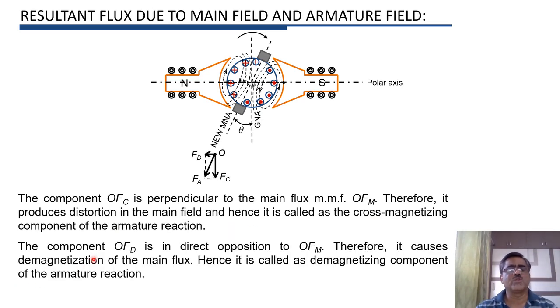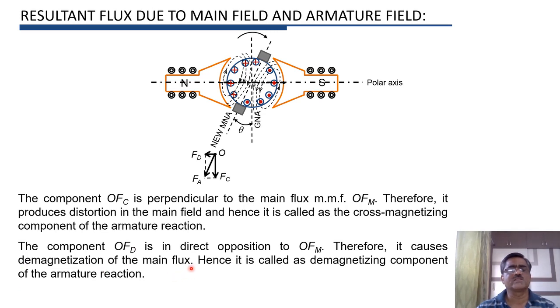And the other component is OFD. It is in direct opposition to OFM. OFM is the main flux MMF. So the main flux MMF, OFM and OFD are in direct opposition, and therefore OFD causes demagnetization or reduction of the main flux.